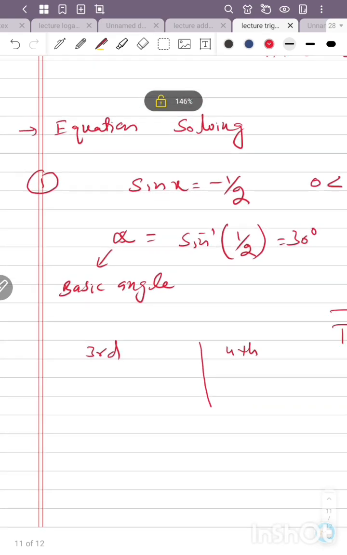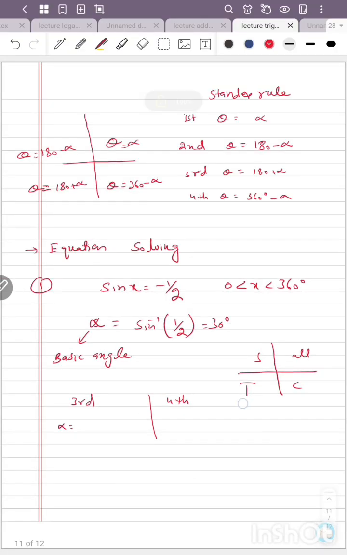Okay, I have to zoom in on the third quadrant. At the third quadrant we write 180 plus theta, or 180 plus alpha, as you like, and for the fourth quadrant 360 minus alpha.